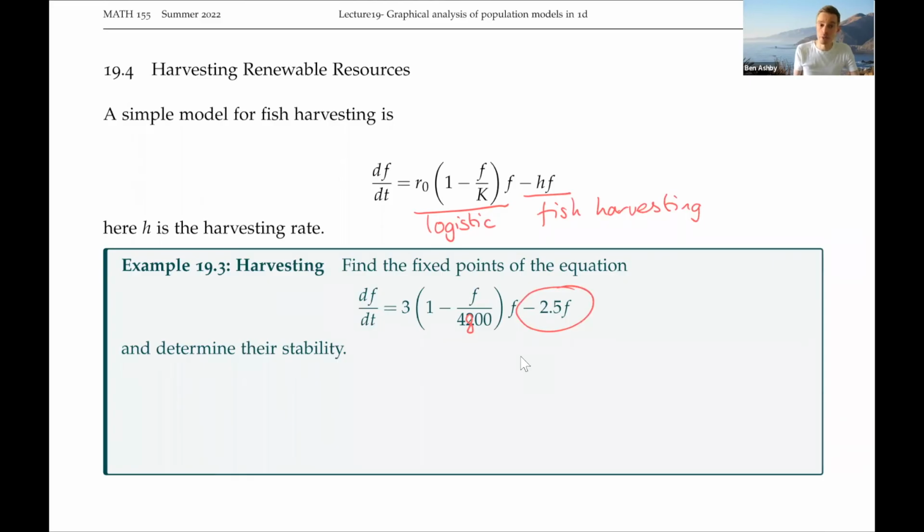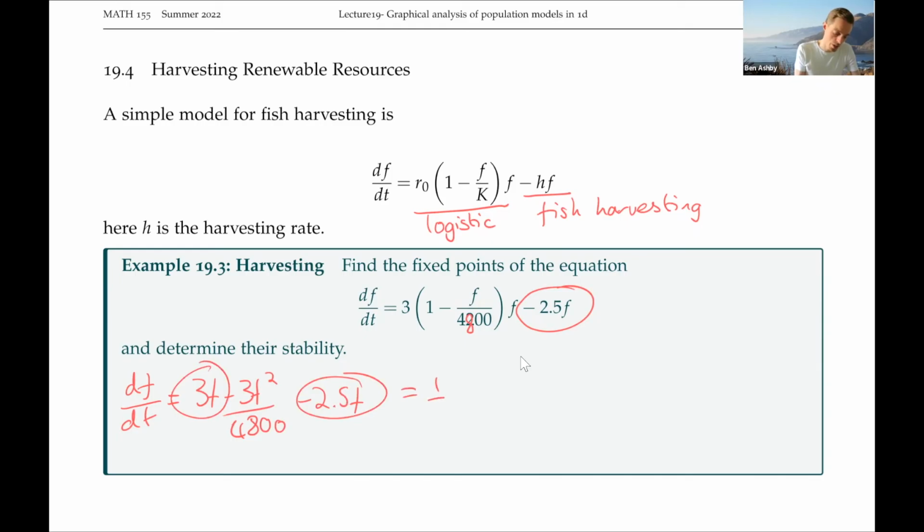So we want to find the fixed points of this and determine the stability. So if we want to work out our df/dt, we can expand this into 3f minus 3f squared over 4,800 minus 2.5f. So this means essentially that we can combine these two terms here.